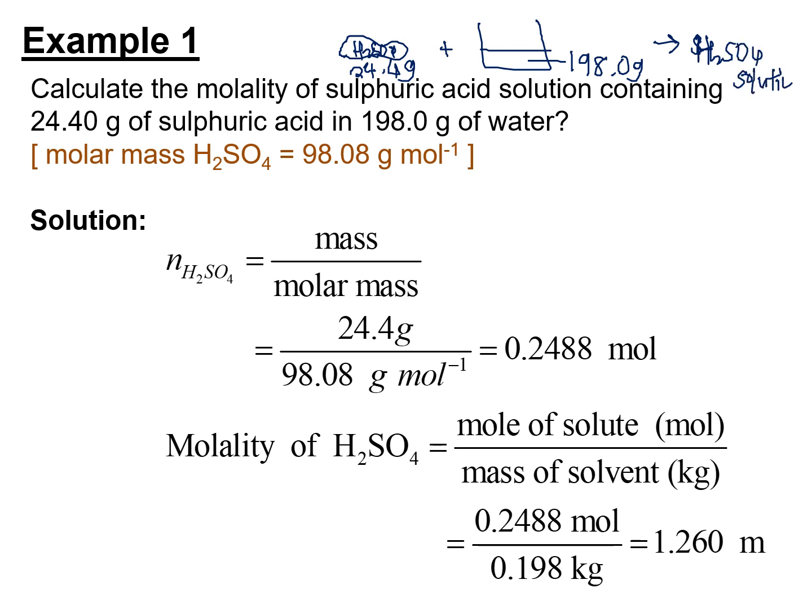Okay, so that means di sini you tahu yang H2SO4 ni adalah solute. Water adalah solvent. Okay, so now untuk mencari molality, you tulislah molality ni punya formula.